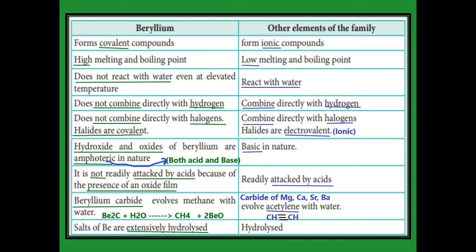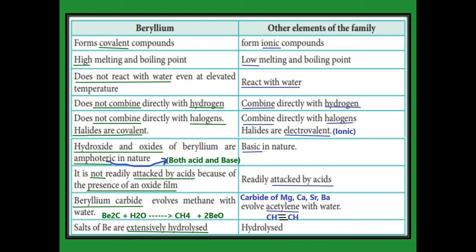Beryllium does not combine directly with hydrogen, but the other elements easily combine with hydrogen directly. With halogens also, beryllium does not combine directly, but forms covalent halides. The other elements combine directly with halogens and form ionic halides. Then the hydroxide and oxide of beryllium are amphoteric.